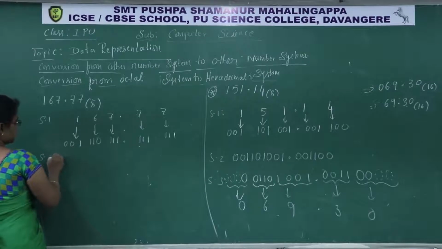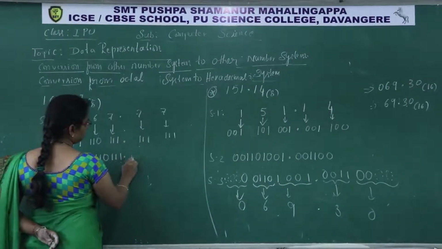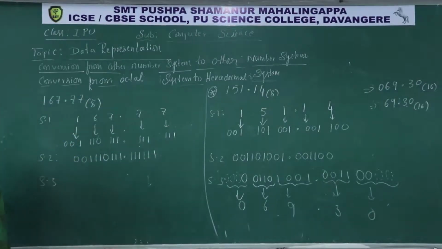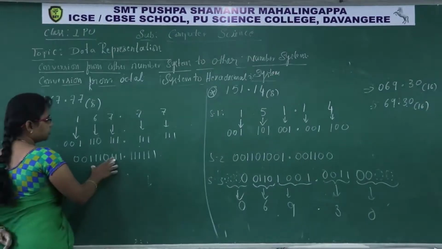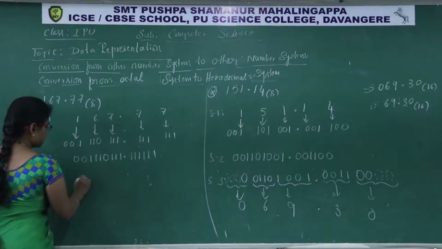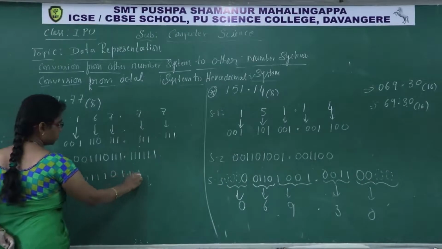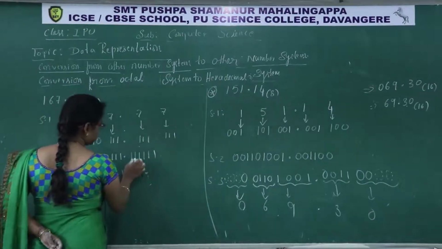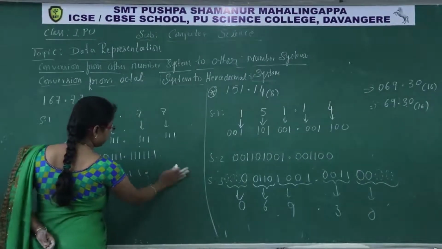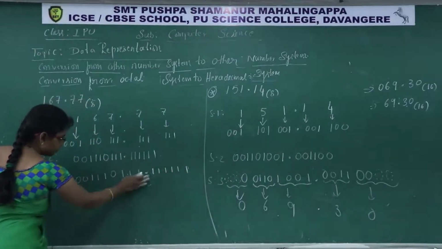Let us write these bits collectively. 111.111.111. So in step 3, let us make a group of 4 bits. In the integer part, we have to start from LSB: 0, 0, 1, 1, 1, 0, 1, 1, 1, and a run of ones. So we have to start from here.